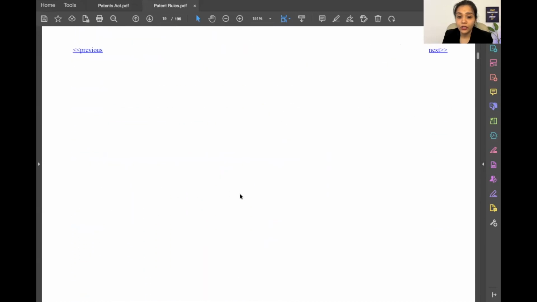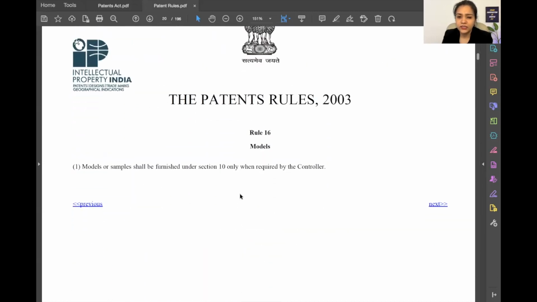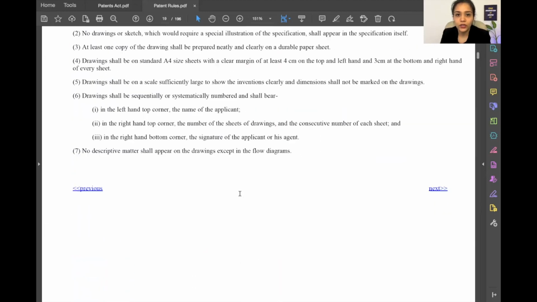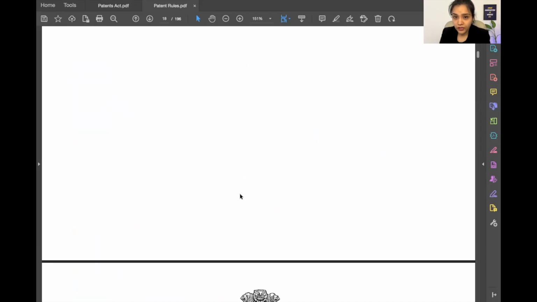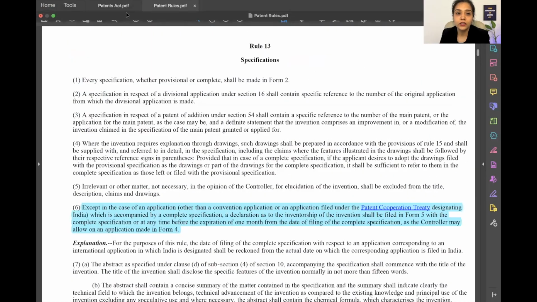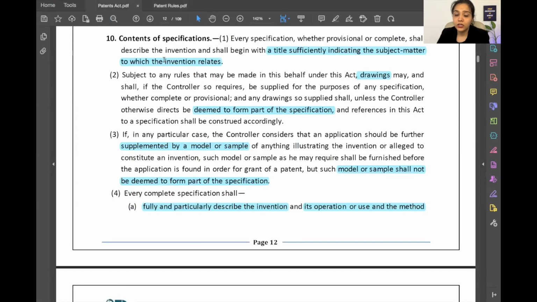So that is also an important rule. And 16 is just about model, which is just one line. But read it with Rule 13 and Rule 15 because there is a scope of a lot of objective questions from Section 10, Rule 13 and Rule 15.